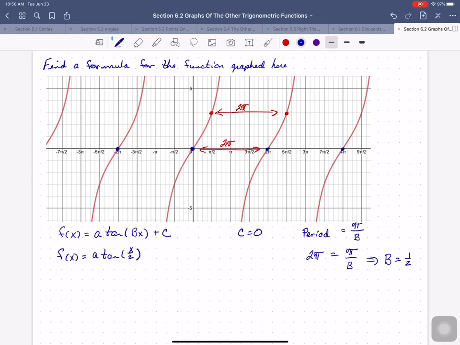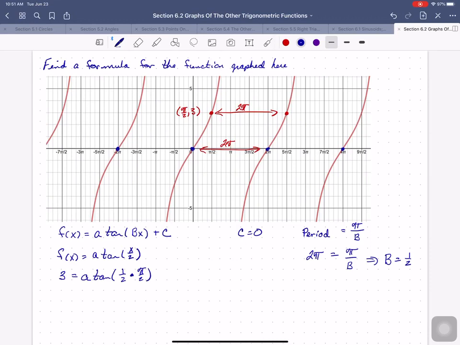Let's look now at this point that I marked, this guy right here. That is the point pi over 2 comma 3. So that tells me that 3 equals a times the tangent of 1/2 of pi over 2.